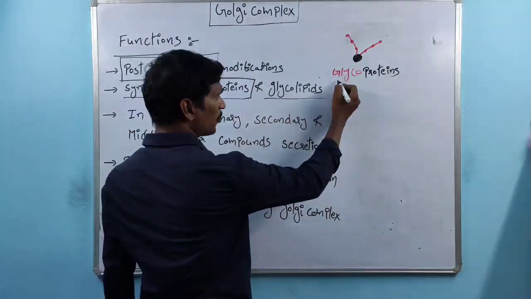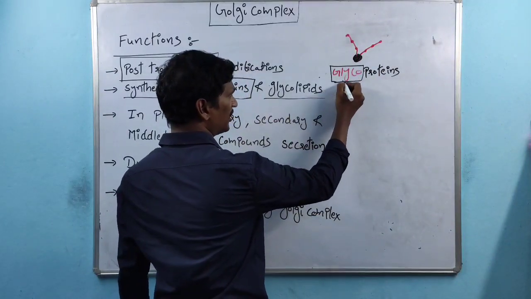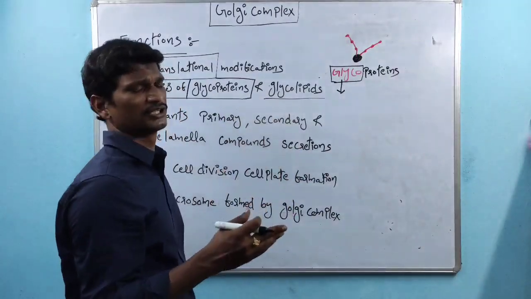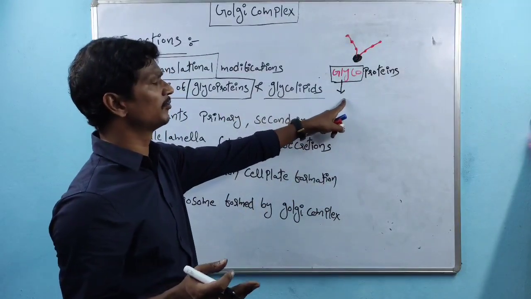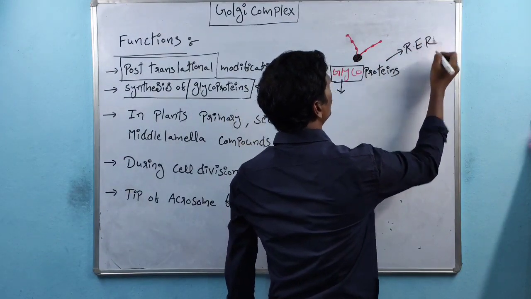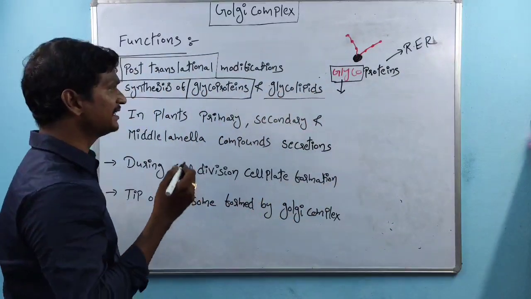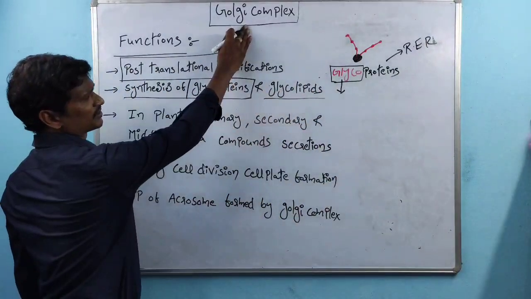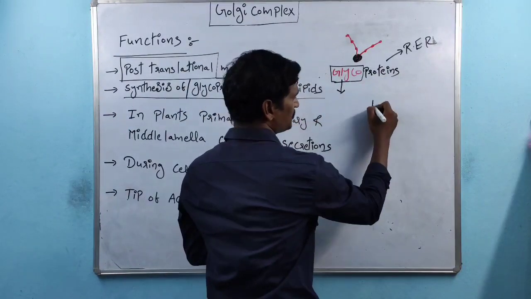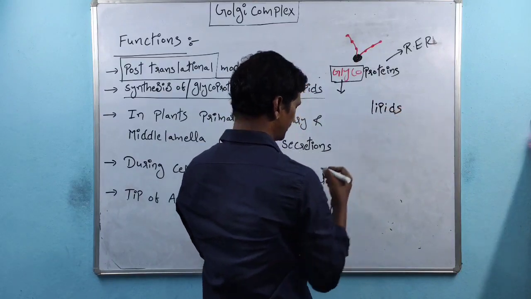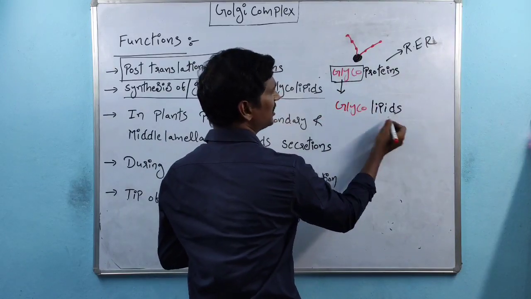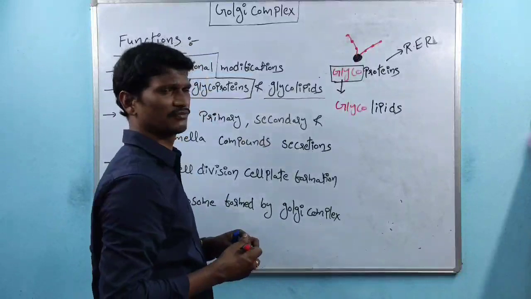The carbohydrate moieties are added at the Golgi complex. Generally we know protein synthesis is done in the RER, rough endoplasmic reticulum, and the carbohydrate moieties are added within the Golgi complex. So that is about glycoproteins. And the next one is glycolipid. Here glyco indicates carbohydrates, and lipids are fatty acid substances or fats.